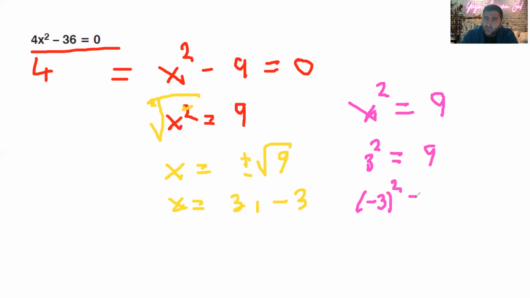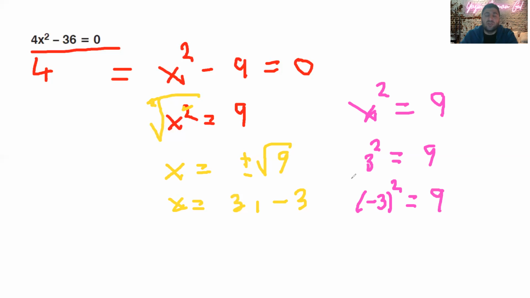Now, two things we need to remember about this. Negative times negative is positive. The power is 2, which means I'm going to multiply negative 3 two times. So negative 3 times negative 3 is positive 9. So this is also positive 9.